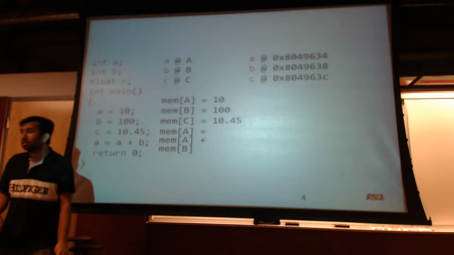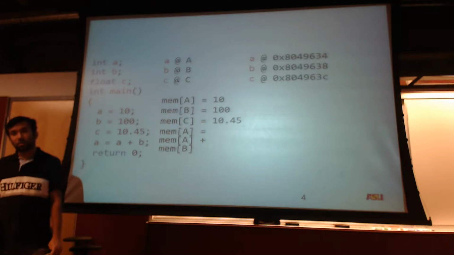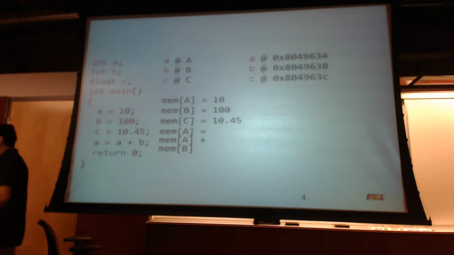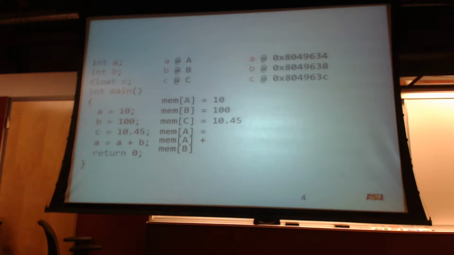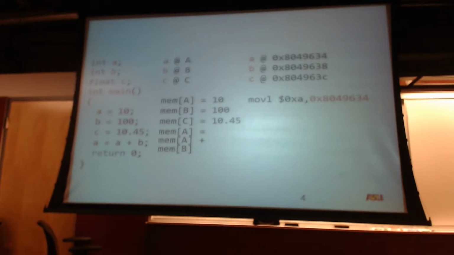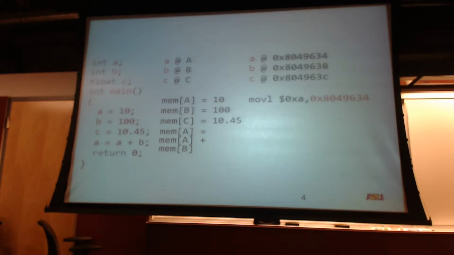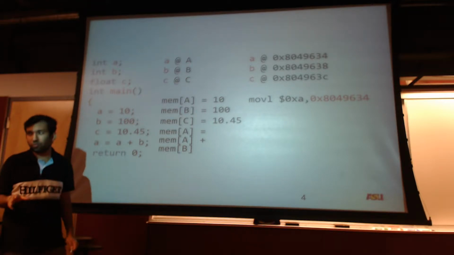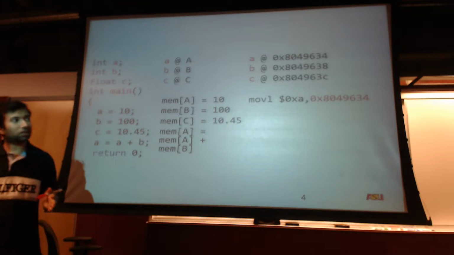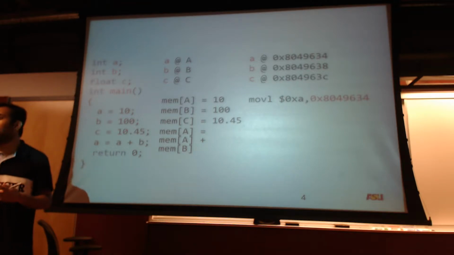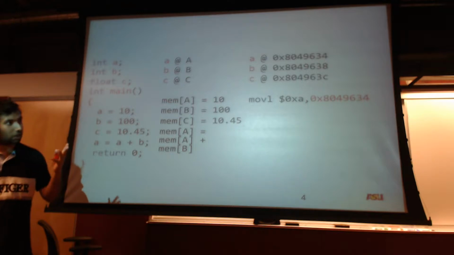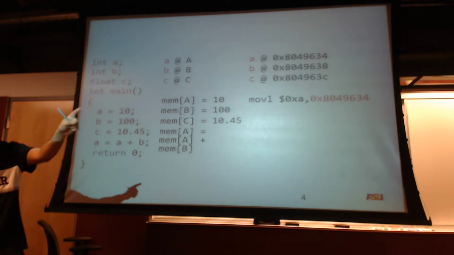Now what is the first line of code? A equals 10. We will have to look into the assembly. So what happens in the assembly code is A equals 10 gets represented as movl. So this is a different instruction than just mov. So movl means it operates with an L value or location. It operates with a location, which means it takes the value and puts it into that location.